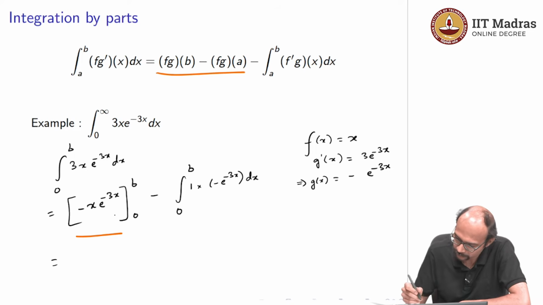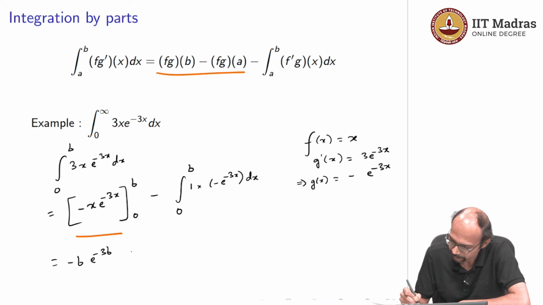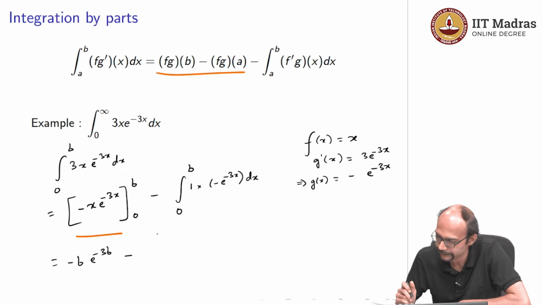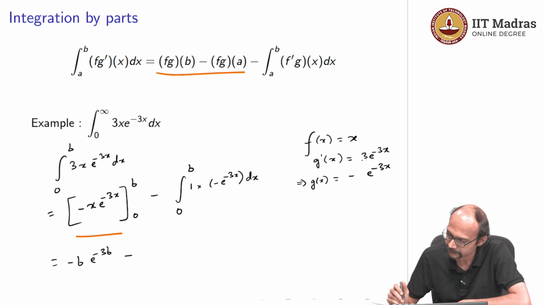The first term is going to give us minus b times e to the power minus 3b, and what happens to the second term? In the second term we have minus the integral of minus e to the power minus 3x, but we know how to integrate e to the power minus 3x, we did it right here. The integral of minus e to the power minus 3x is going to be e to the power minus 3x divided by 3.